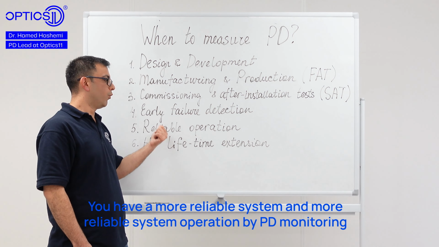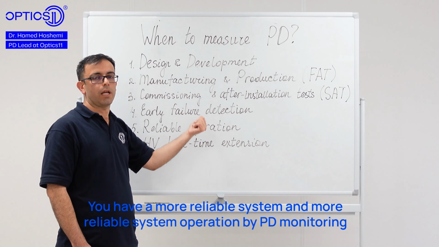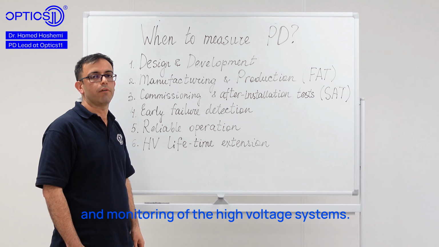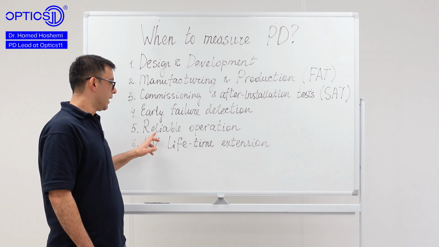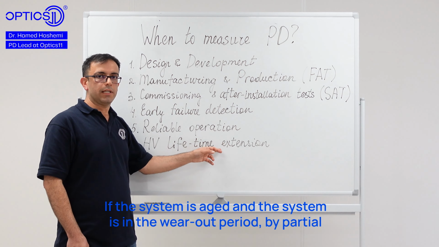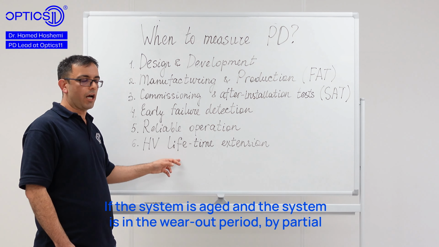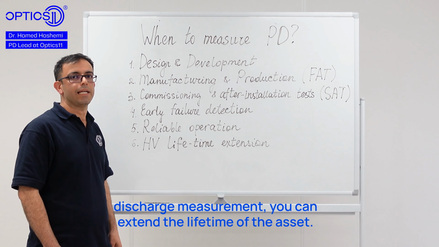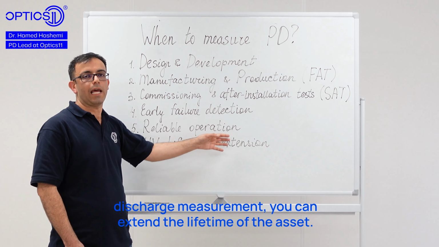You have a more reliable system and more reliable system operation by PD monitoring and monitoring of the high voltage systems. If the system is aged and the system is in the wear out period, by partial discharge measurement, you can expand the lifetime of the asset.